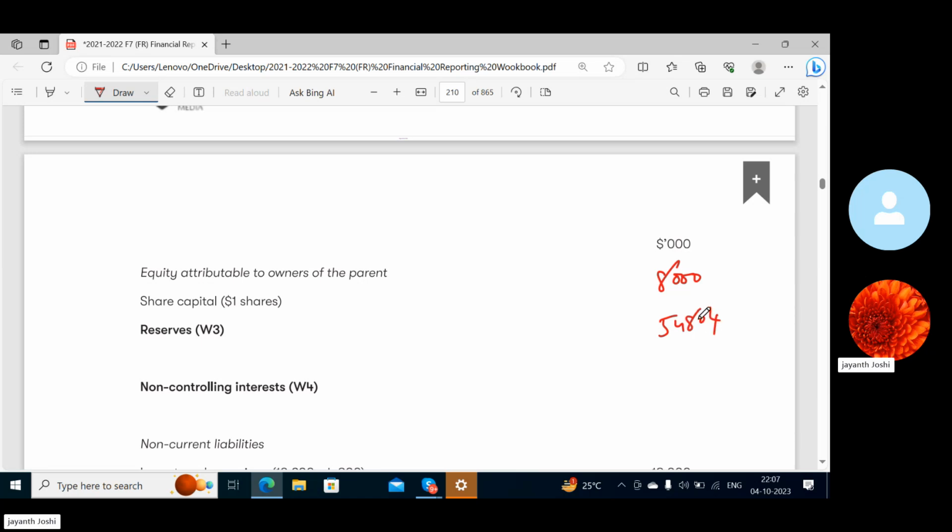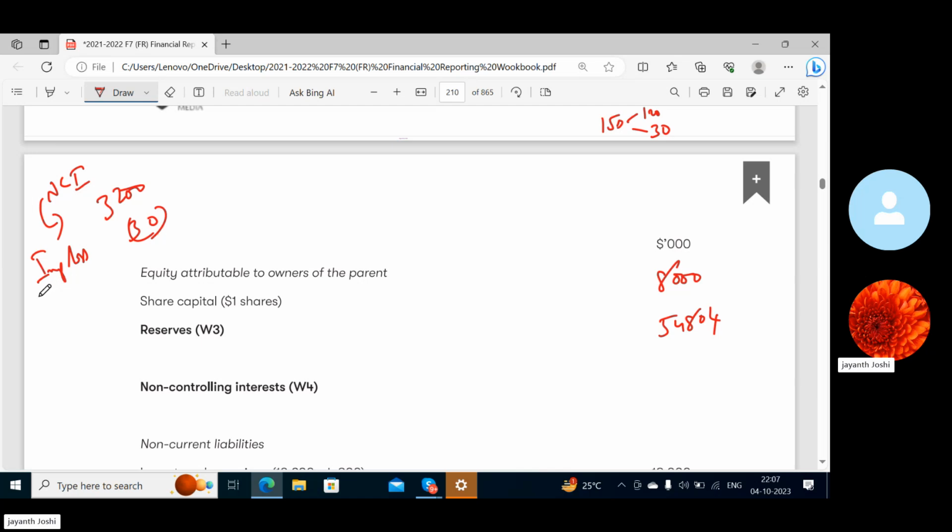Now coming to the NCI calculation, you know already NCI at fair value was 3,200. Now 150 was the total impairment loss, right? 120 has gone to parent, 30 will go to NCI. So 30 we will subtract as impairment loss, and also the gains, right?